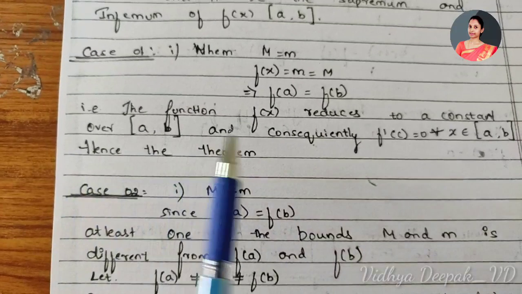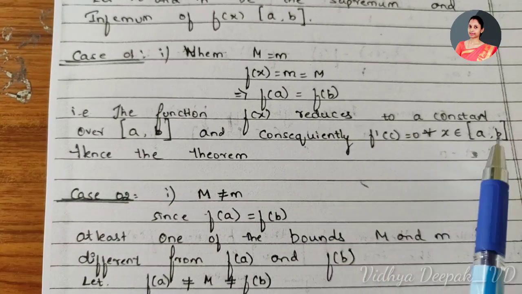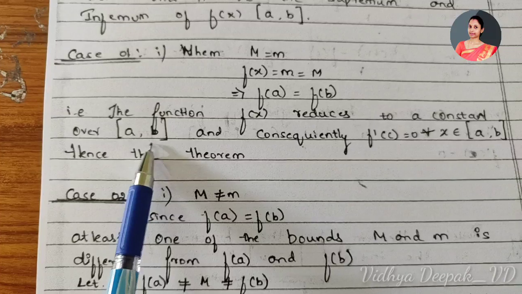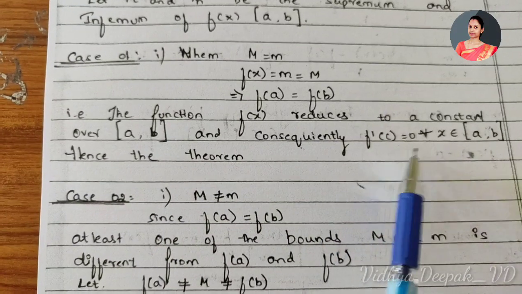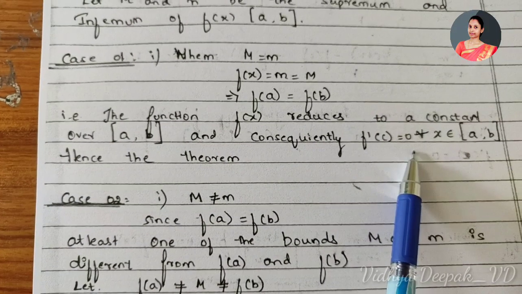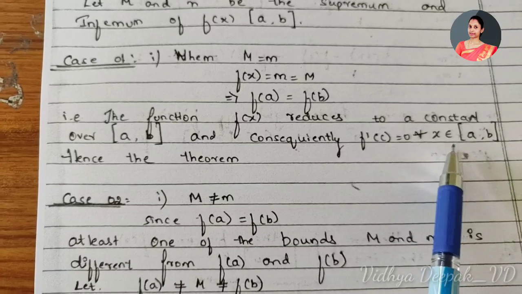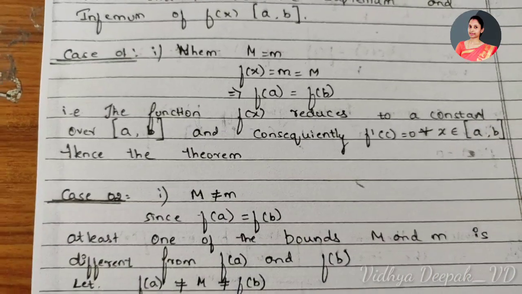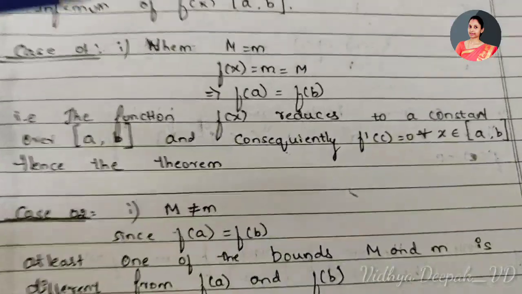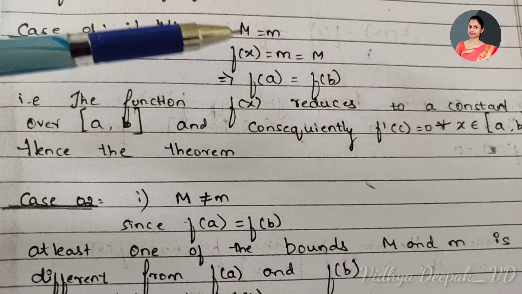That is, the function f of x reduces to a constant over this interval, and consequently f dash of c will be equal to 0 for all values of x belonging to a comma b. That is, we are taking infimum equal to supremum.